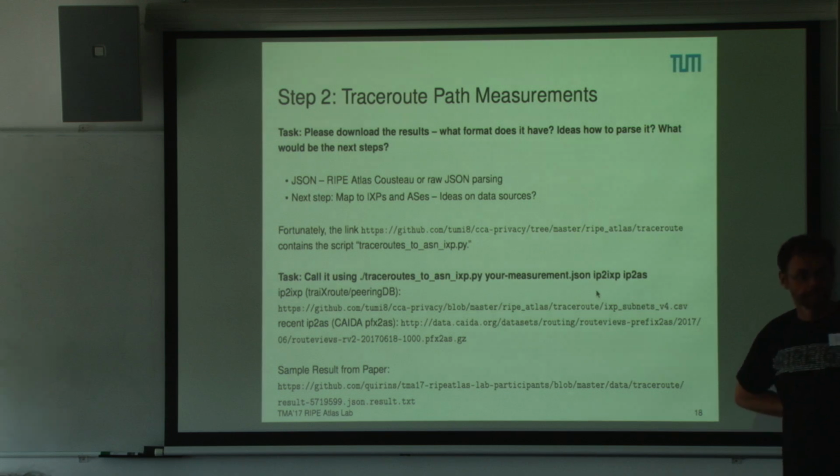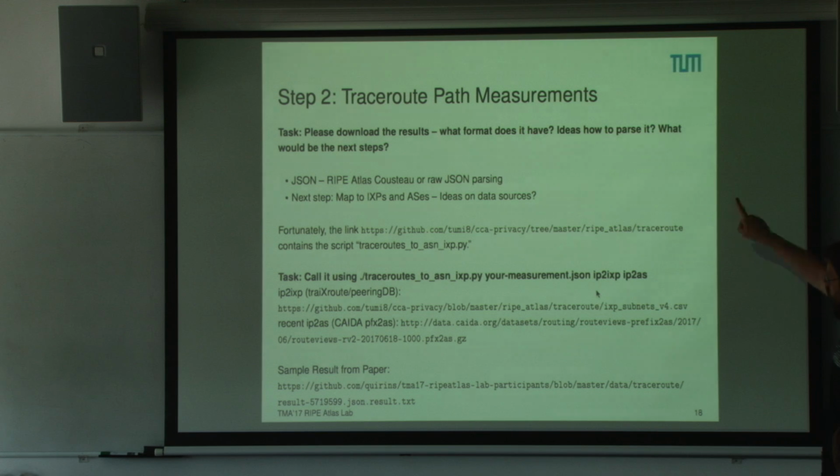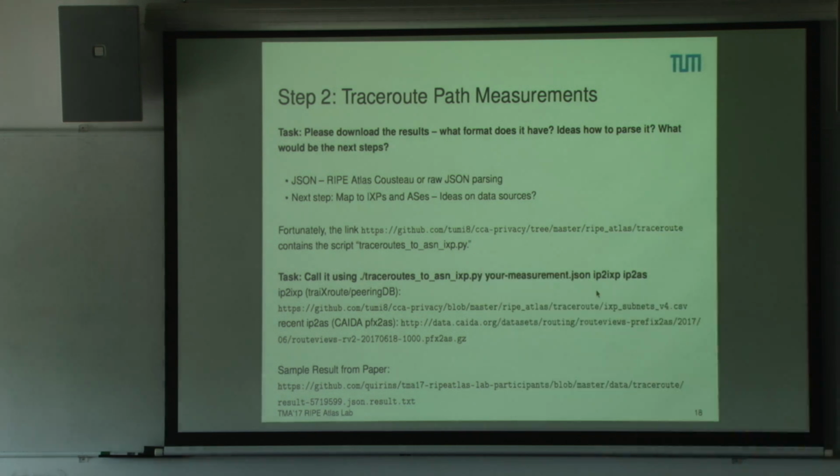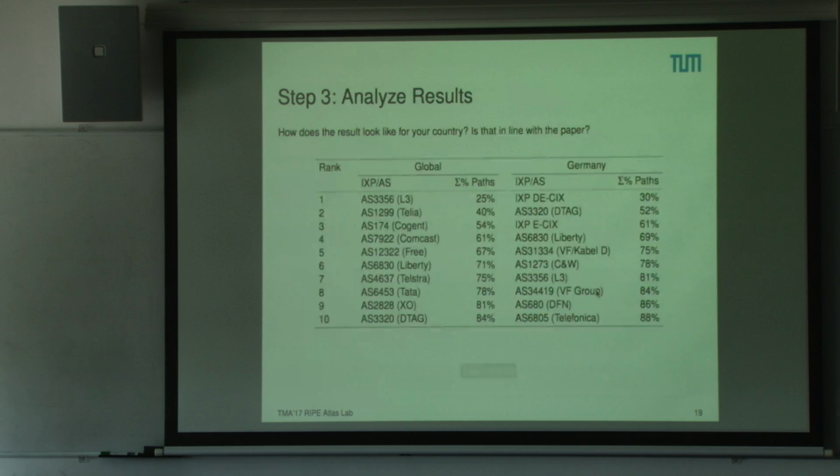Yeah? Okay, so you actually have something that you could run this script on and see what it actually looks like. So you have the slides, please run it if you want to.